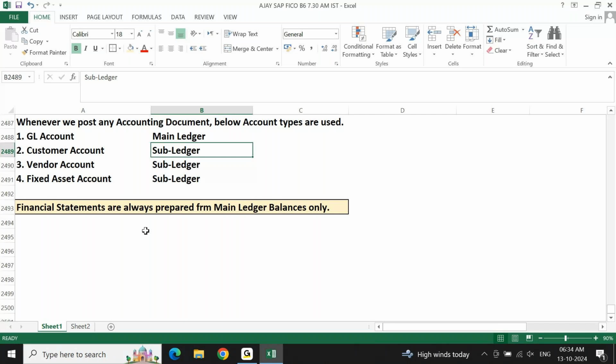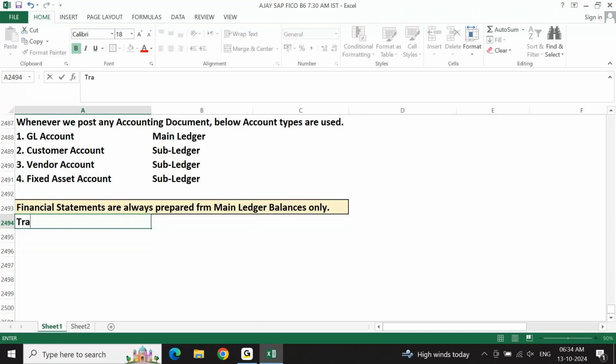If I am talking about customer account, if I show you, let's say trial balance.